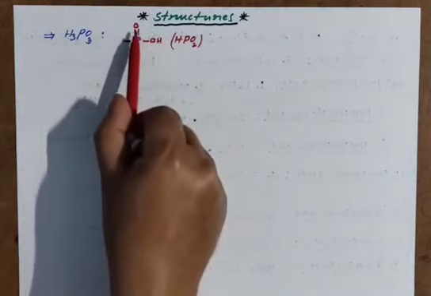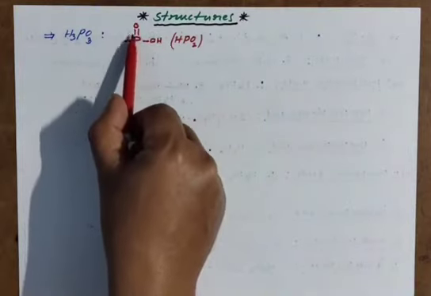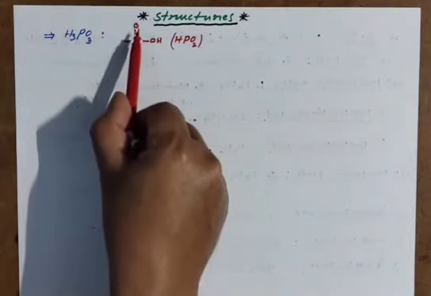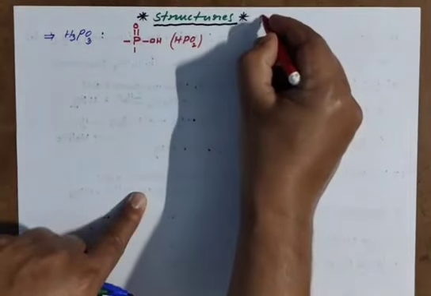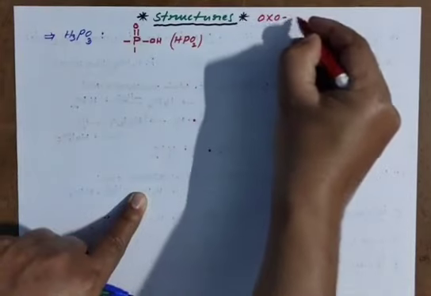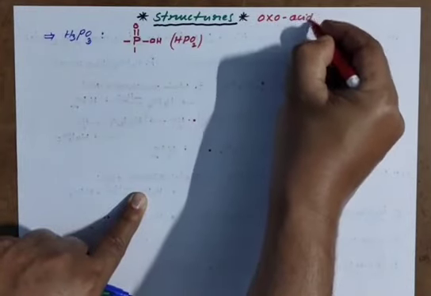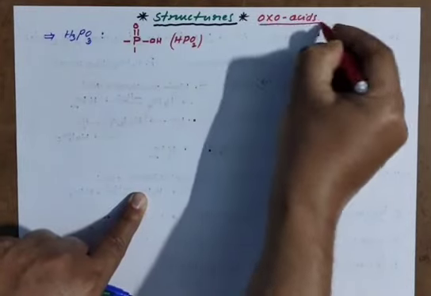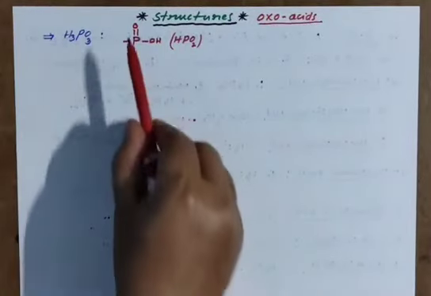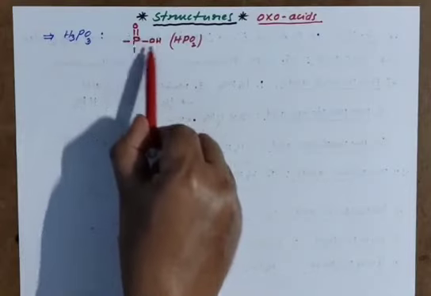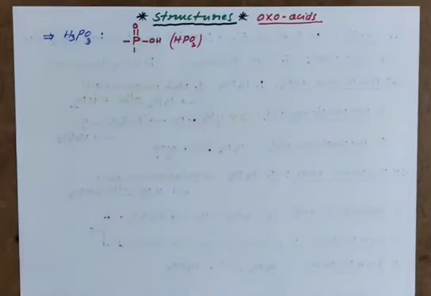Because of having this P double bond O structure, we call them oxo or oxy acids. So in the basic unit, one double-bonded O and one OH are compulsory.